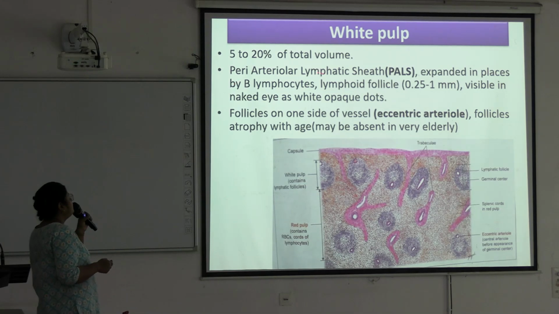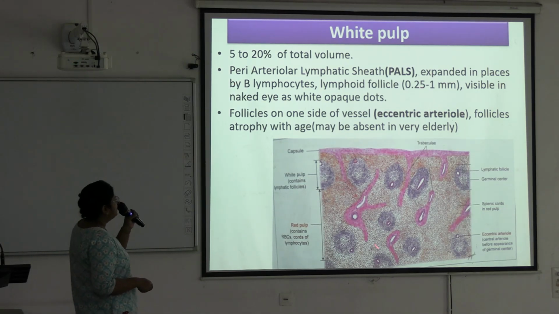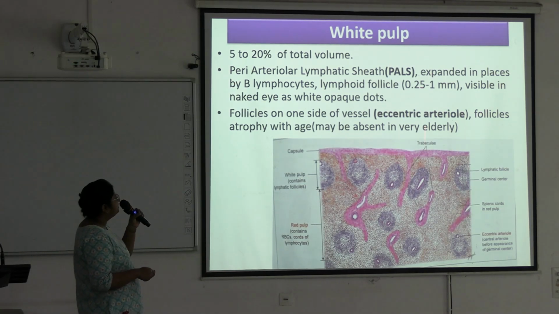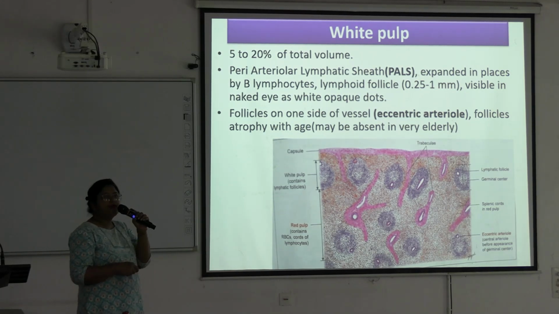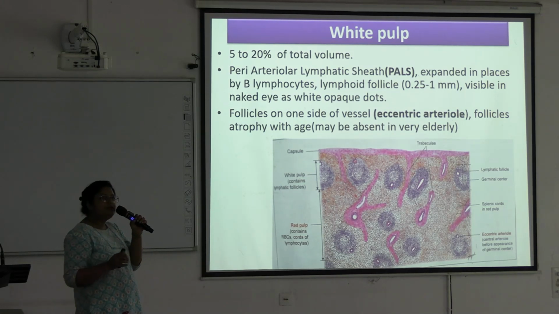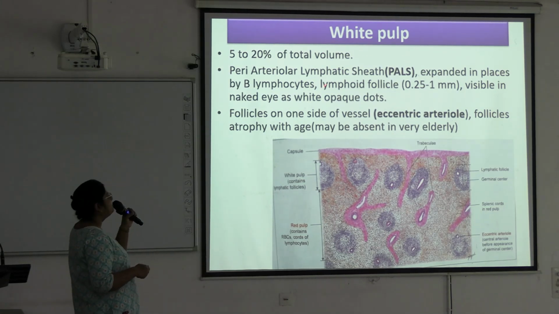The periarteriolar lymphatic sheath is expanded in places by B lymphocytes, and lymphoid follicles are formed, 0.25 to 1 millimeter, visible to the naked eye as white opaque dots in the section of spleen. That's why the name white pulp is given.